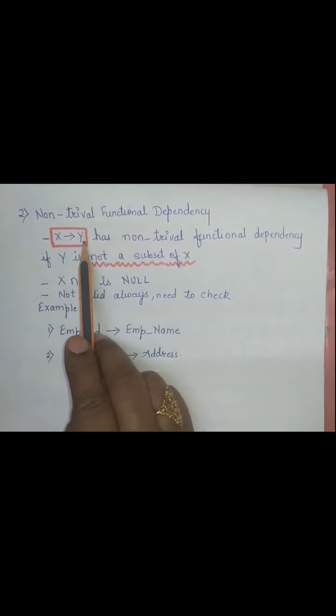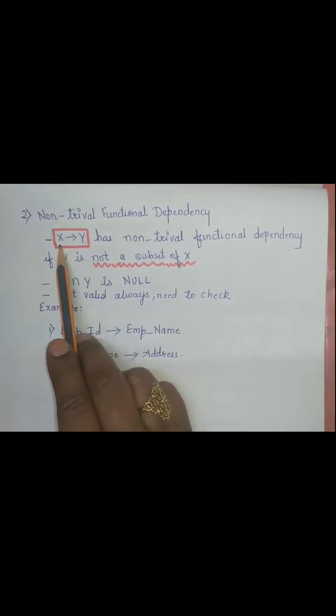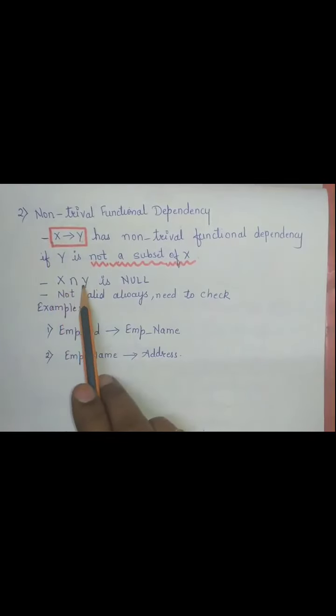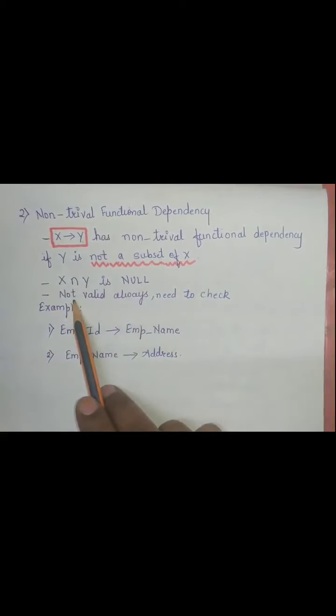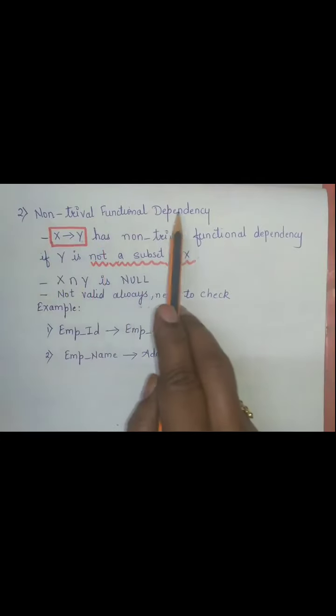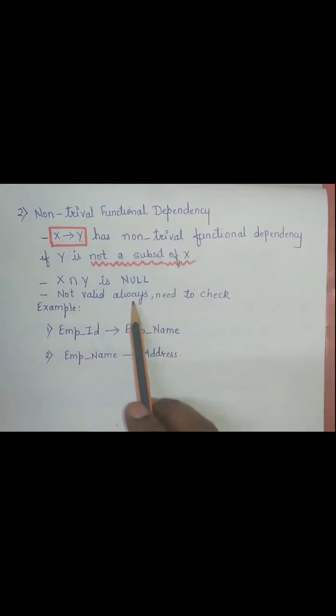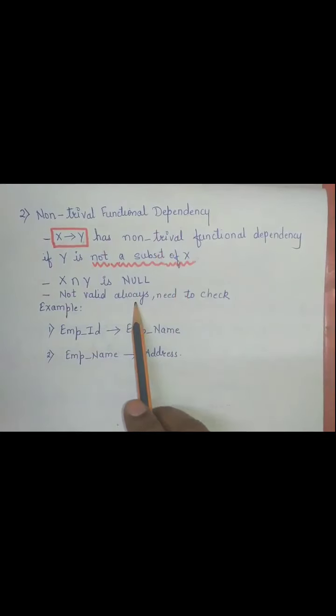Y is not a subset of X. The next thing is, when we take the intersection of determinant and dependent, it is always null. And when we talk about non-trivial functional dependency, we must always check whether it is a valid or invalid dependency.